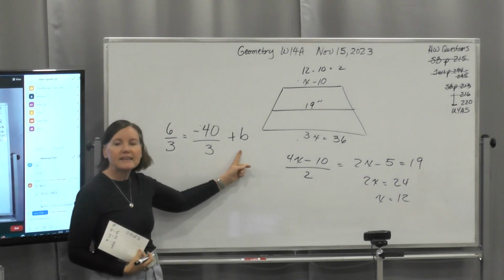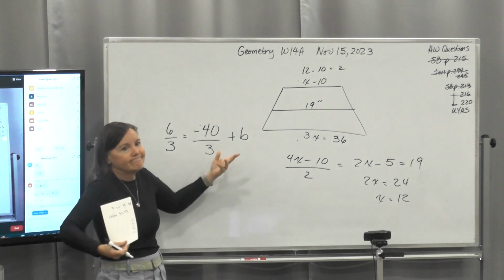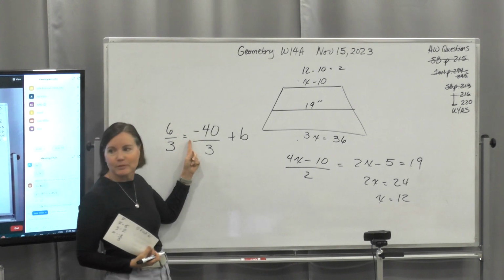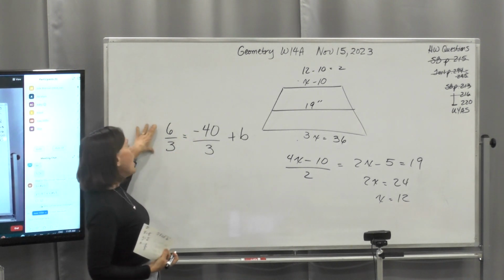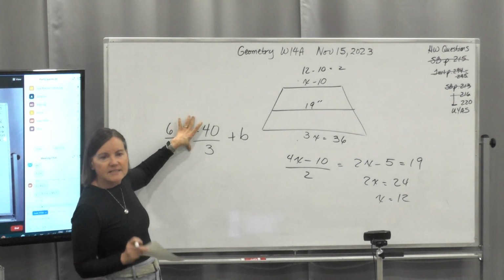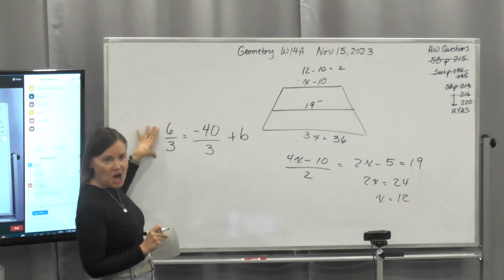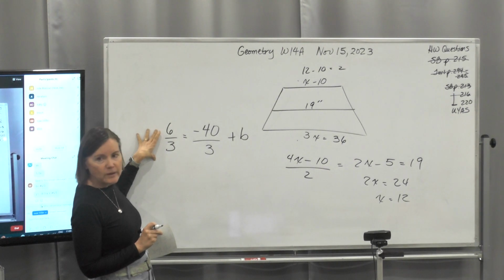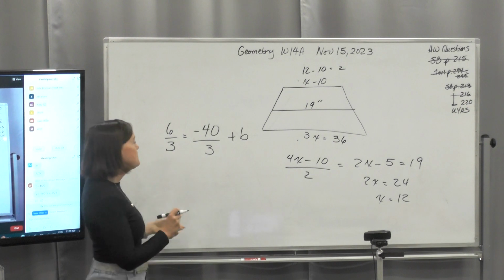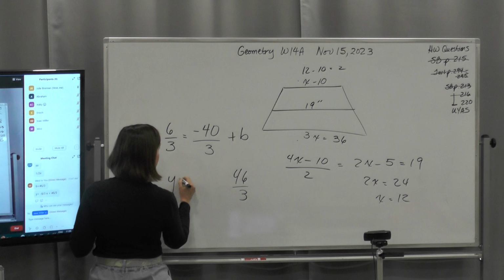Do you see why B is, what is B? 46/3. Put the equation together, it's not that bad. Where are you making mistakes? If you do this multiplication and it doesn't simplify to an integer, then turn this into a common denominator fraction, because otherwise you're going to make mistakes, right? Does everybody see why if I add both sides, B is 46/3, and so on.